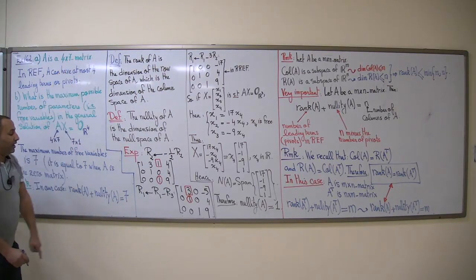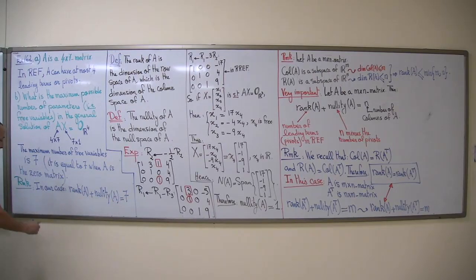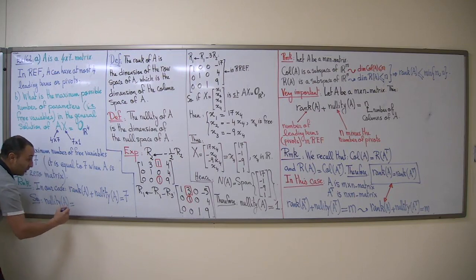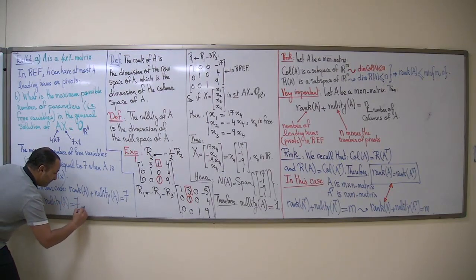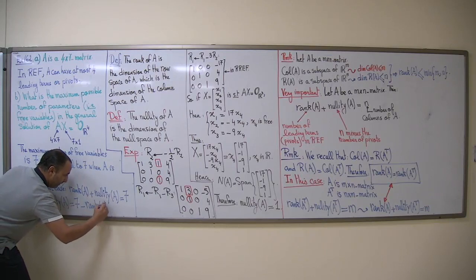So if I write now, nullity of A is equal to 7 minus the rank of A.